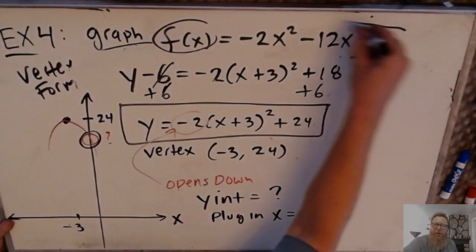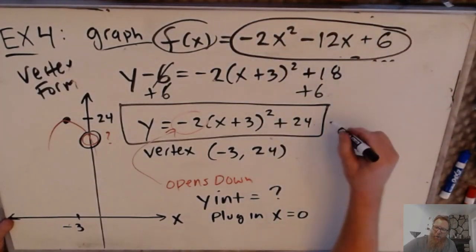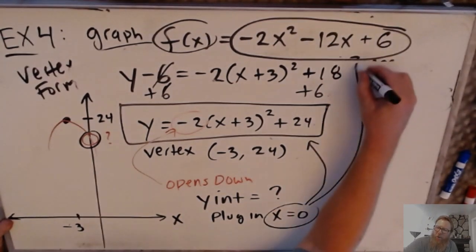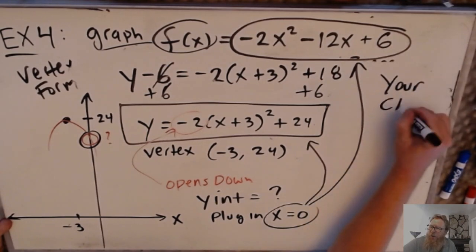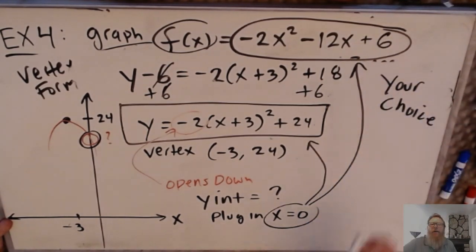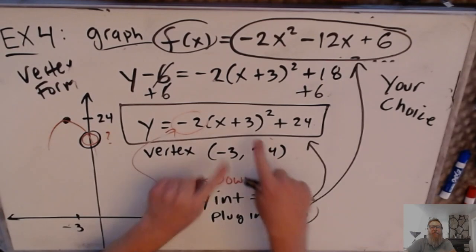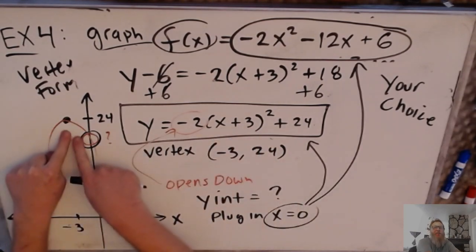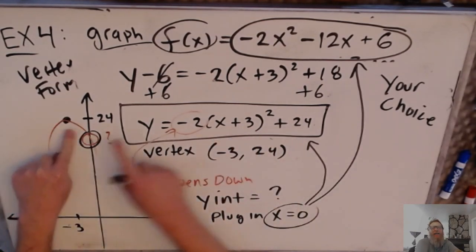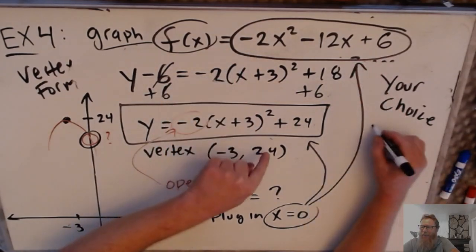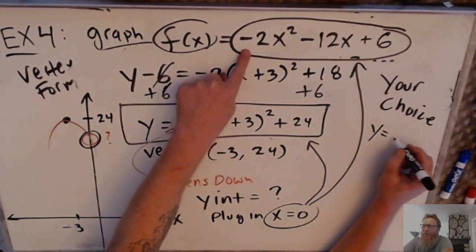You can use the original function, or you can use the vertex form. It's your choice. It doesn't really matter. One of them's easier, though. The vertex form makes the vertex easy, yeah, but the original standard form makes the y-intercept easy. So I'm going to choose this one.